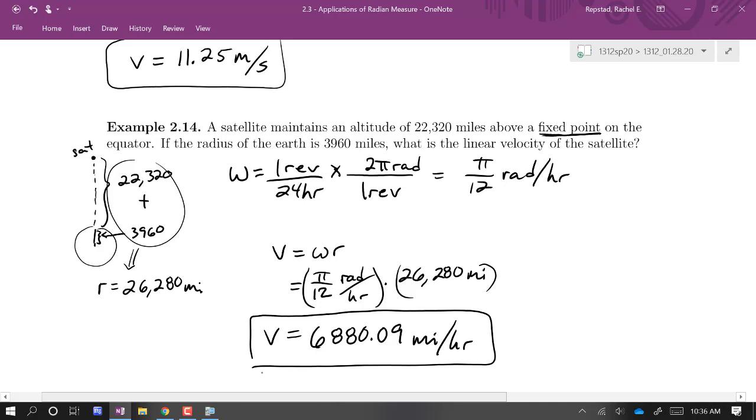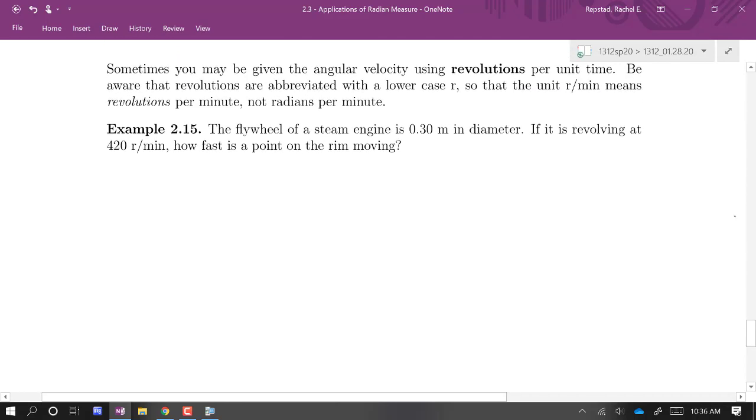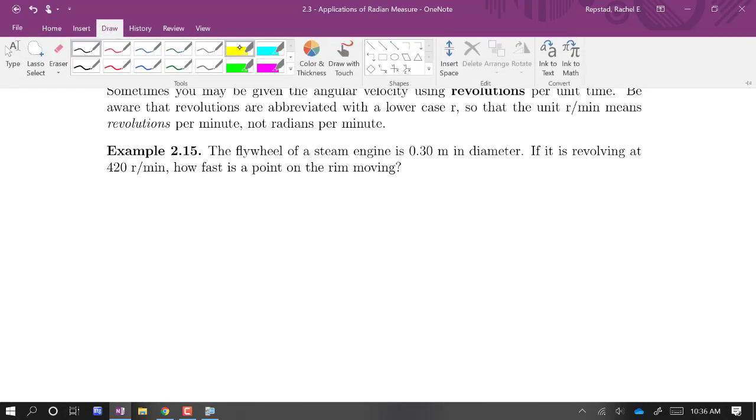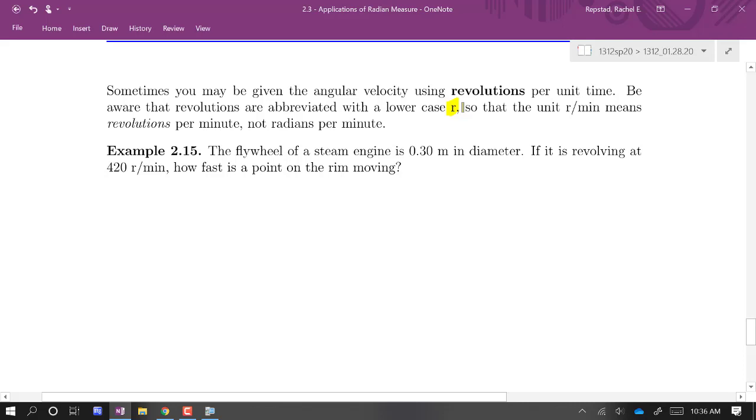So when we had to think about what that angular velocity was, we did a little deducing based on what we know about the Earth, and we understood that meant one full revolution. Sometimes they'll give you a problem where they give you omega in revolutions per whatever unit of time, like RPMs. I just want to point out that when they do that, revolutions is abbreviated with a lowercase r.